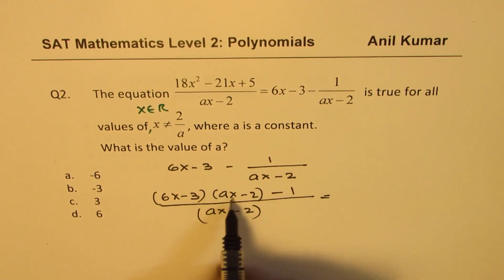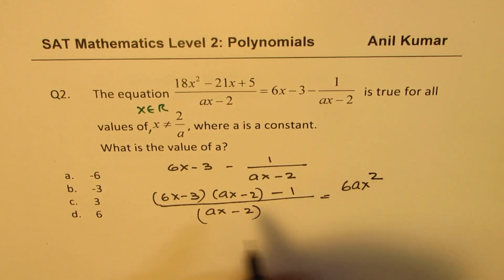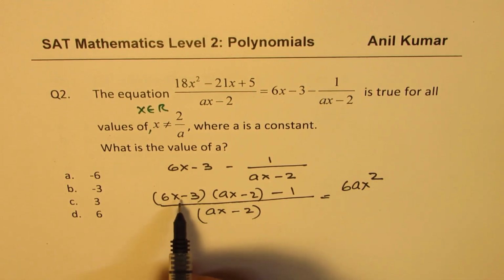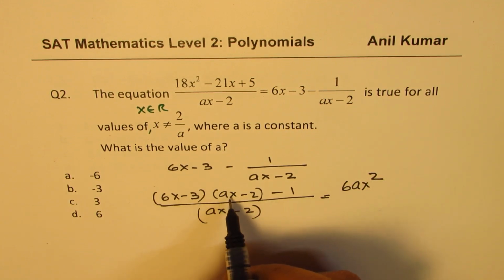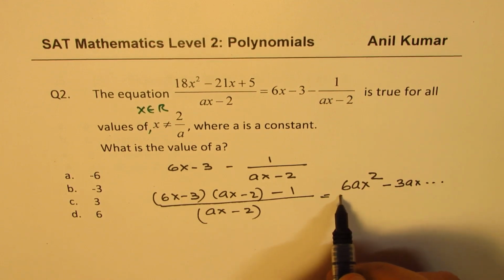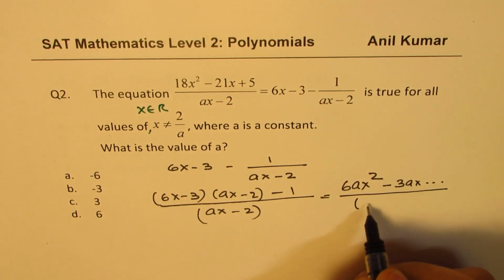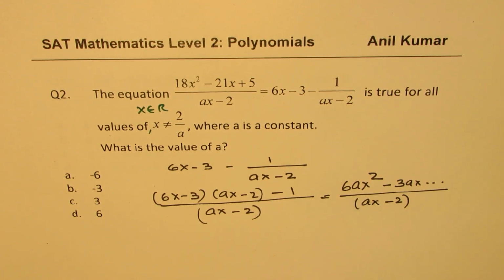And when you multiply ax with 6x, you get 6ax², correct? The other terms will not have x squared. So when you do this, you get -3ax and so on. We need not even work with those numbers, since we need to find what a is.